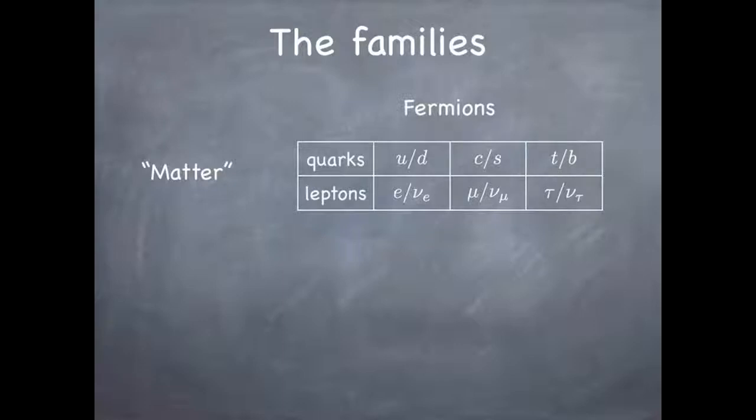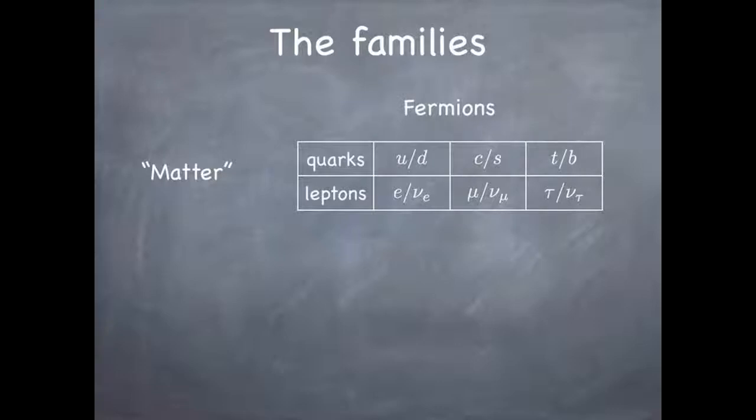And that's also true of the leptons. The leptons have a difference in charge of 1, but in this case, the electron has a negative charge. The electron neutrino has 0 charge, and so they have a difference in charge of 1 unit. Same with the muon and the muon neutrino, and the tau and the tau neutrino.